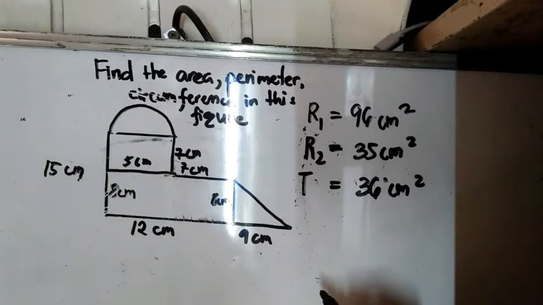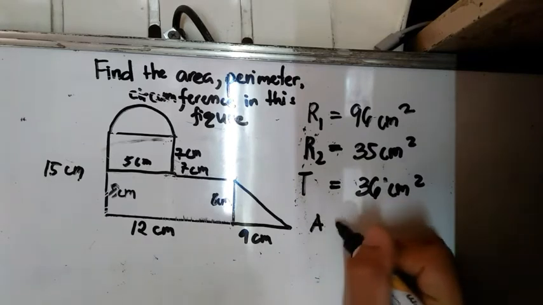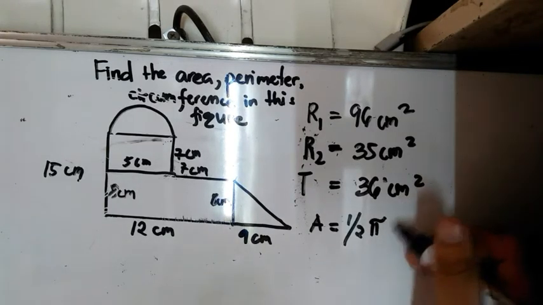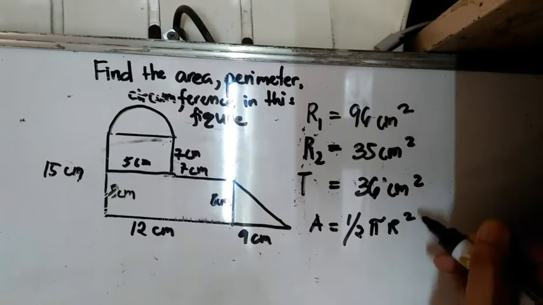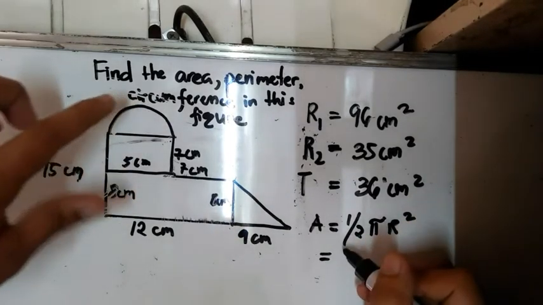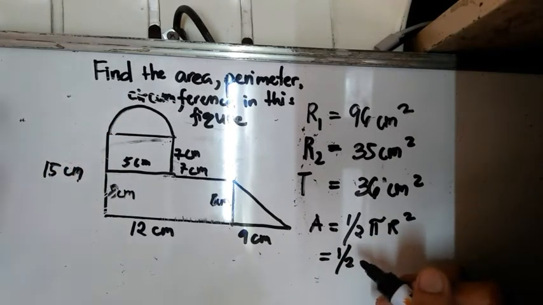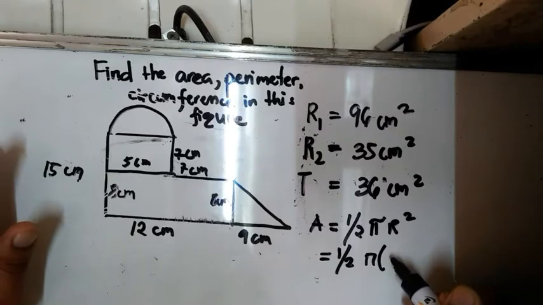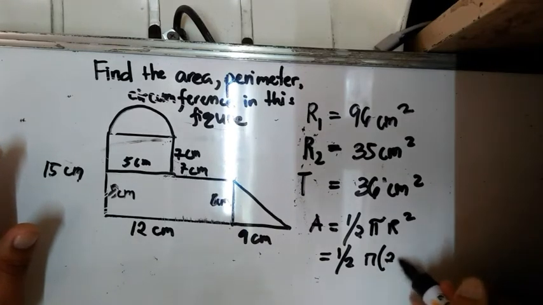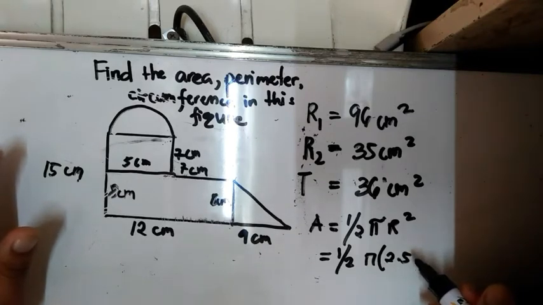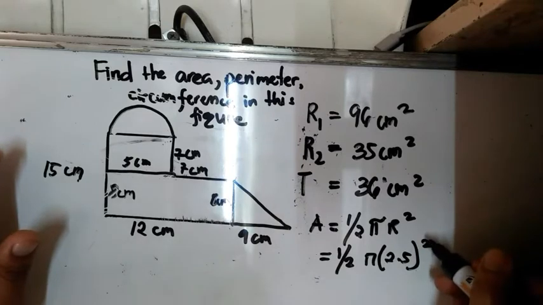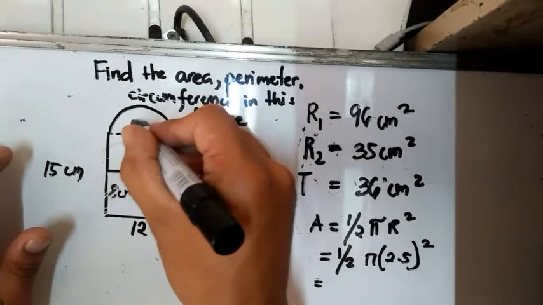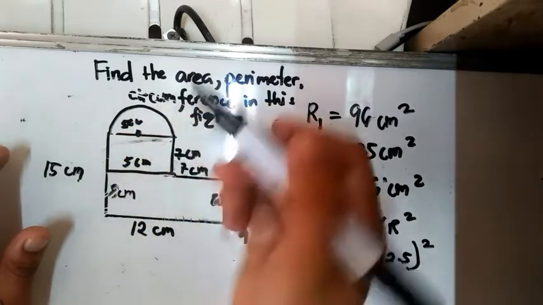The area of a semicircle is 1/2 times pi times radius squared. Since the diameter is 5 centimeter, the radius is half of 5, which is 5 divided by 2, or 2.5, squared.